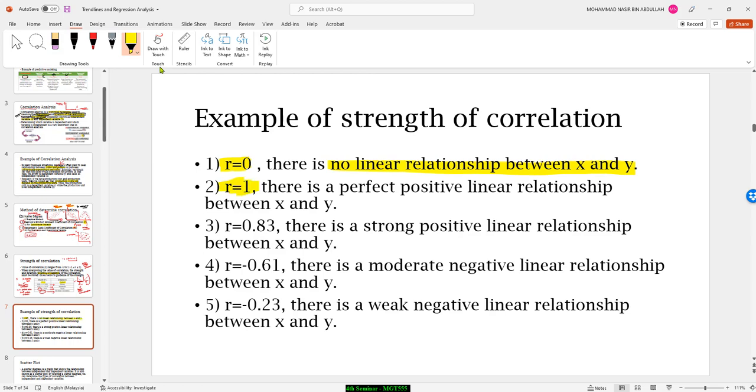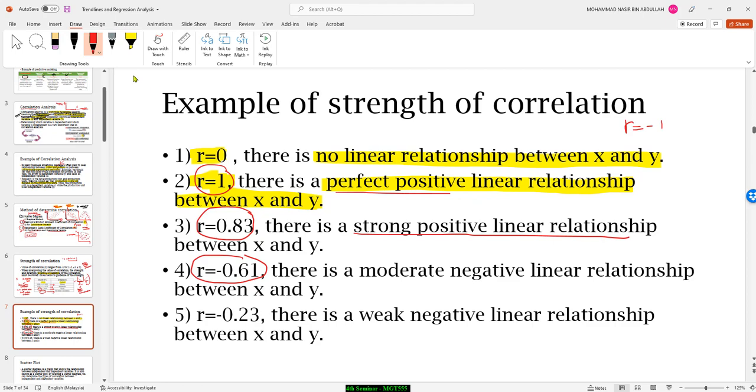If R is equal to 1, there is a perfect positive linear relationship between X and Y. So kalau kita tengok dekat sini, R is a positive value, right? Means perfect positive.